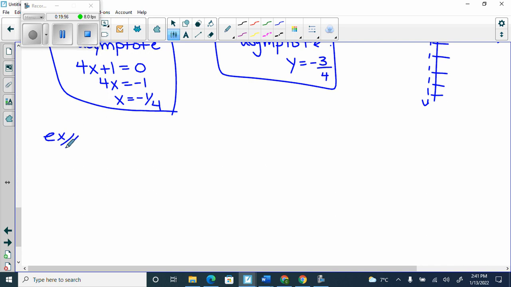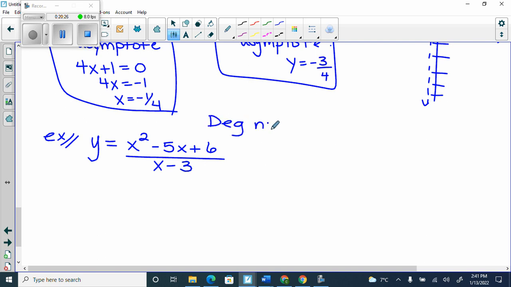Let's do x squared minus 5x plus 6 over x minus 3. The last ones, the degree of the numerator and the denominator were the same, right? This one, the degree of the numerator is what? Yeah, greater than the degree of the denominator.